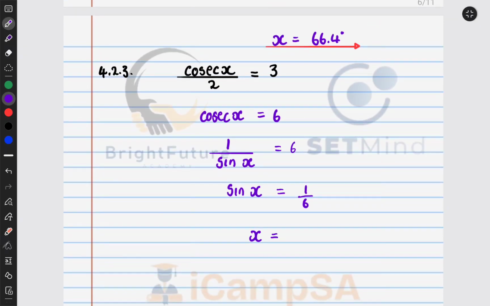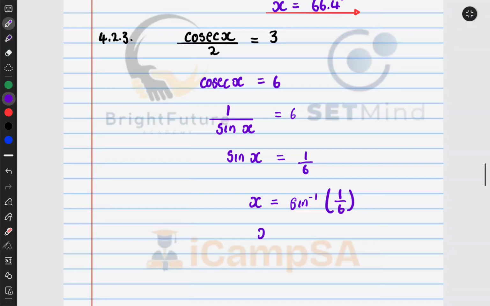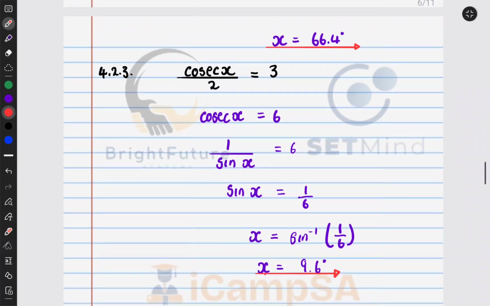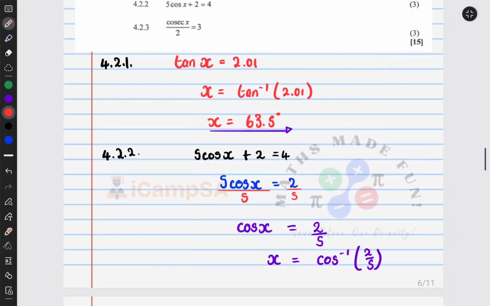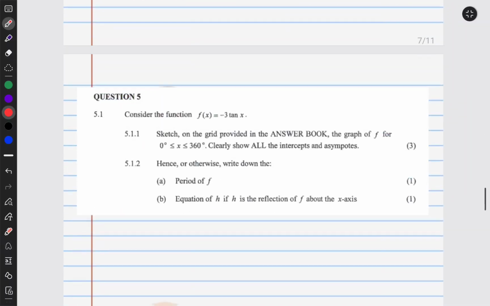X is equal to sine inverse of 1 over 6. Therefore x is equal to sine inverse of 1 over 6, which is 9.6 degrees, and that is how you'll go about answering 4.2.3.